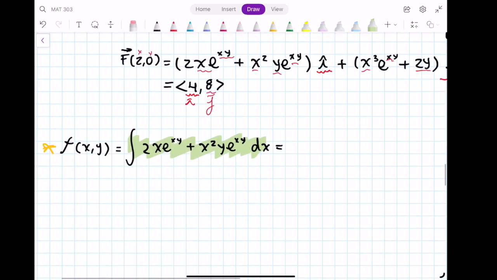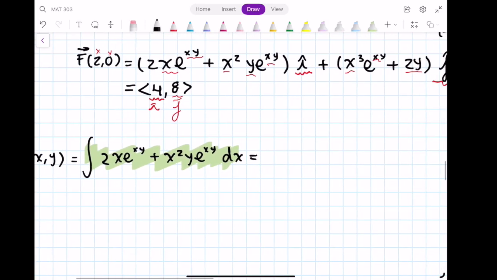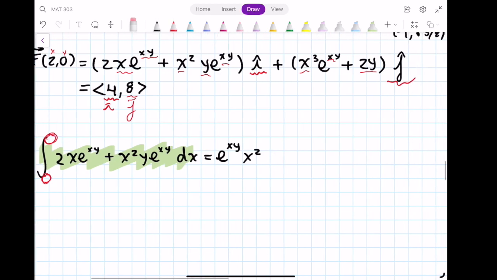I did this already and I have the answer here, so it won't take too long. So the answer is this plus a constant. There is always a constant when we don't have a limit here. We'll always need to add a constant, so our constant will be any function of y, right?